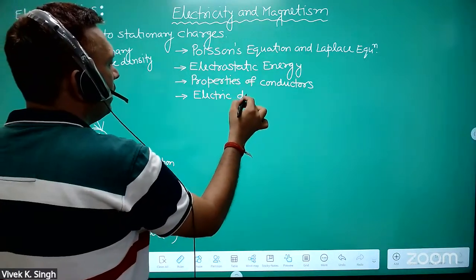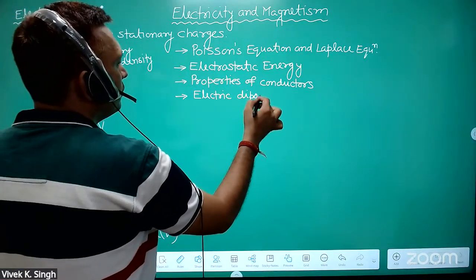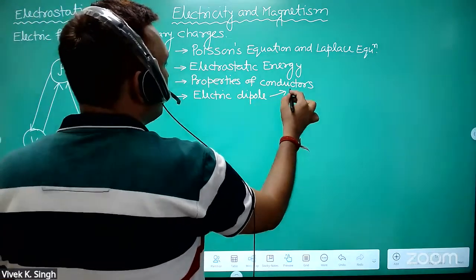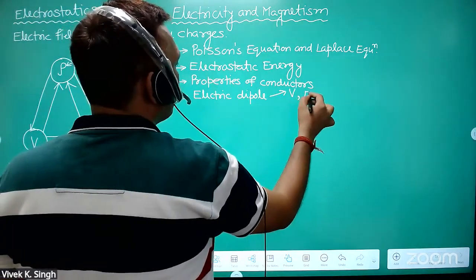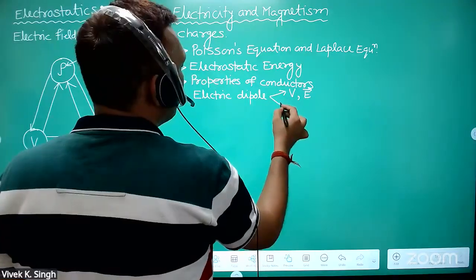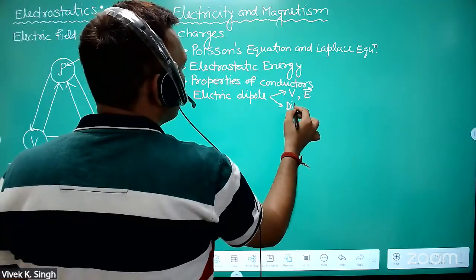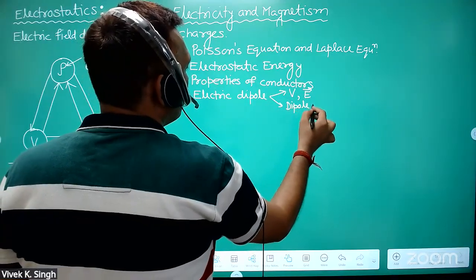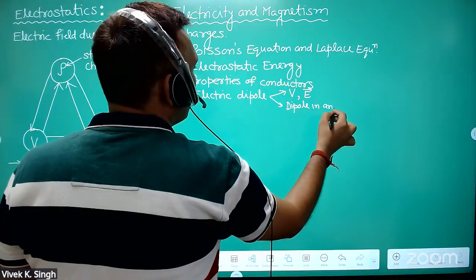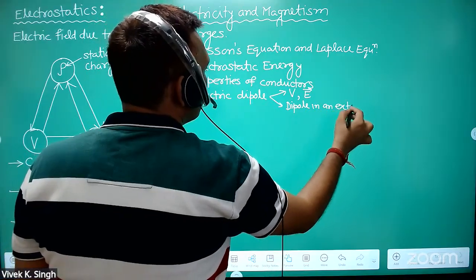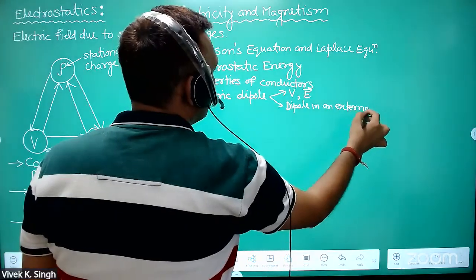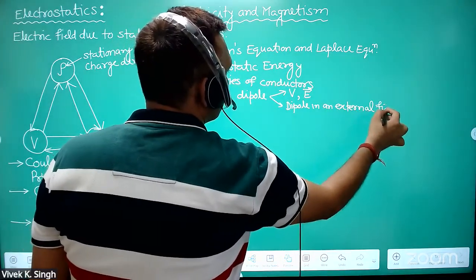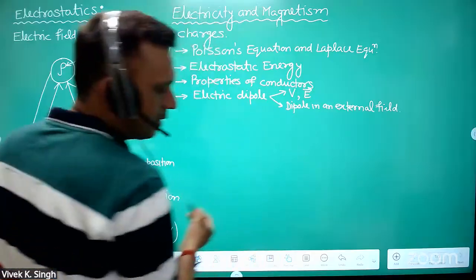We will define electric dipole. And we will talk about potential and electric field due to dipole. And then we will see dipole in an external field.